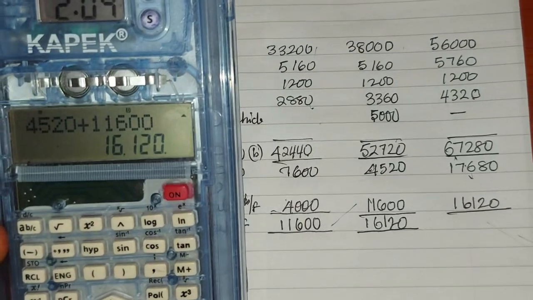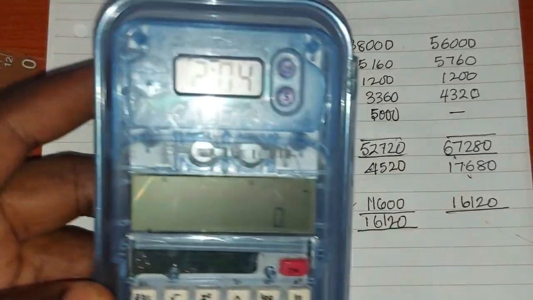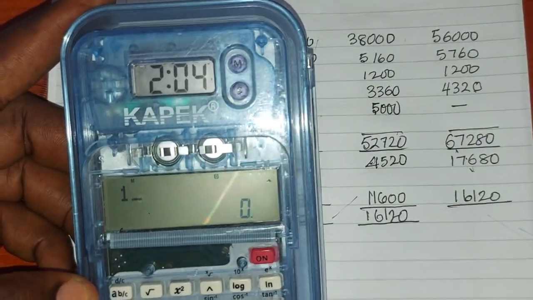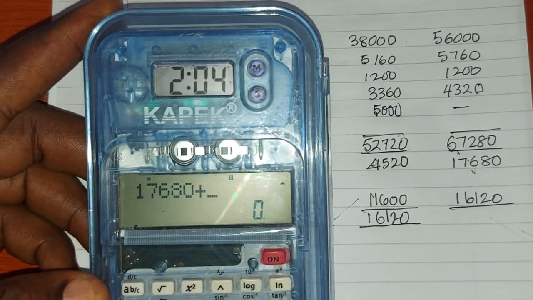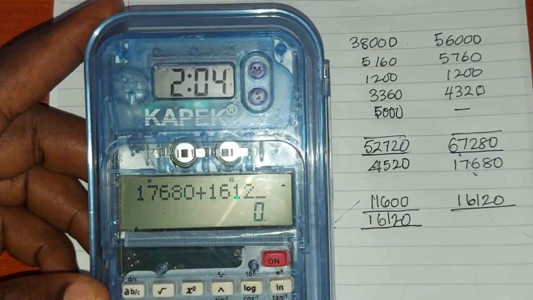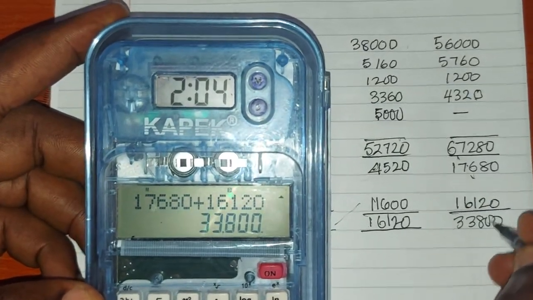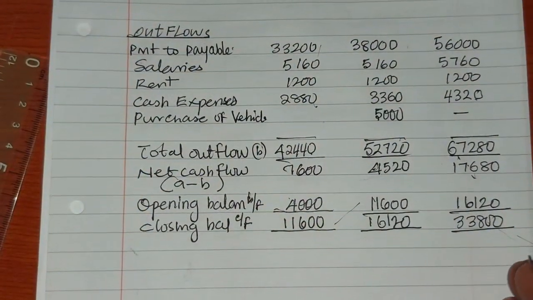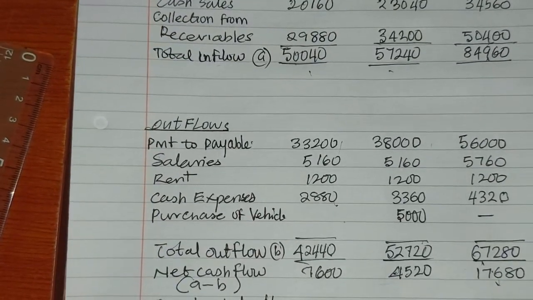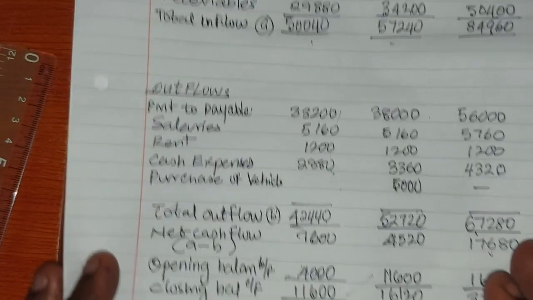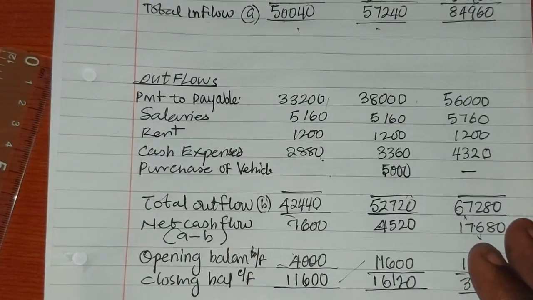So when you add plus 17, so what do you have? You have 1760 plus 16120, and this is 3800. All right, now the cash flow statement has been prepared.